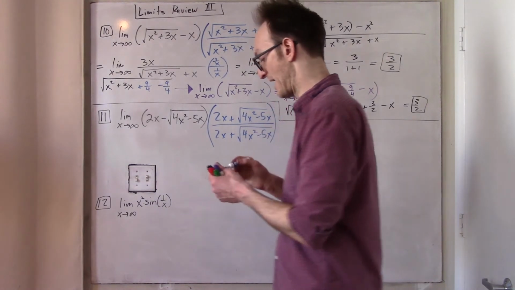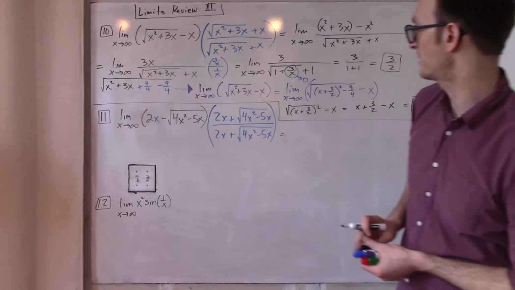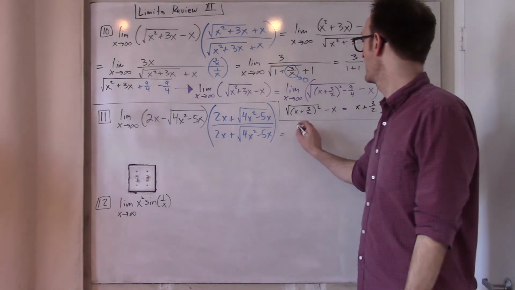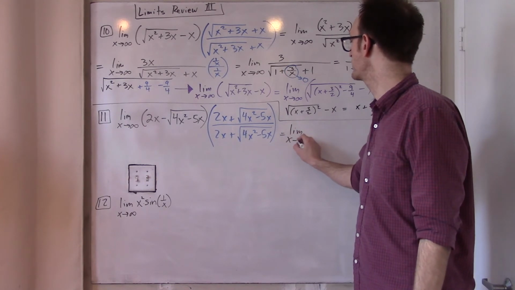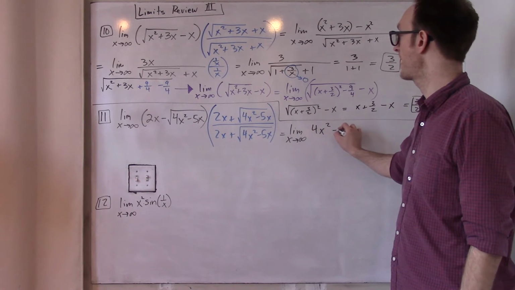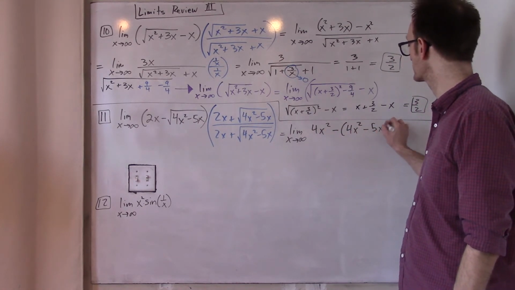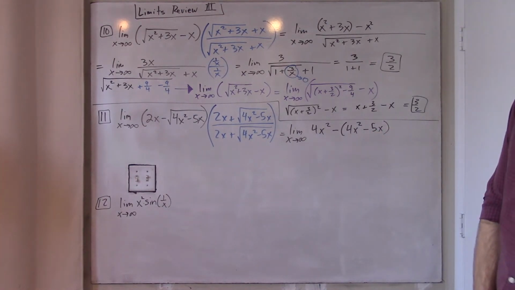And when I do that, that gives me the limit as x goes to infinity of 4x squared minus 4x squared minus 5x. I think I did that right? Yep.